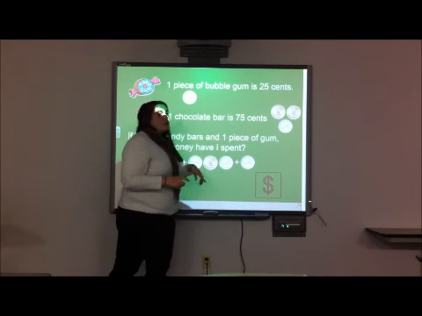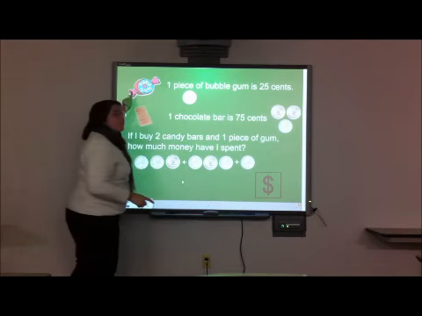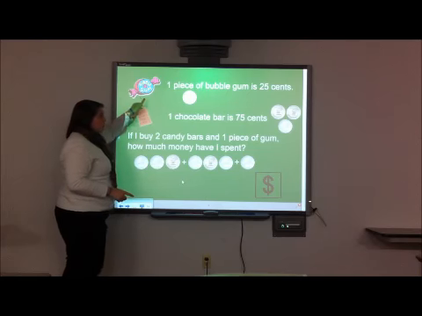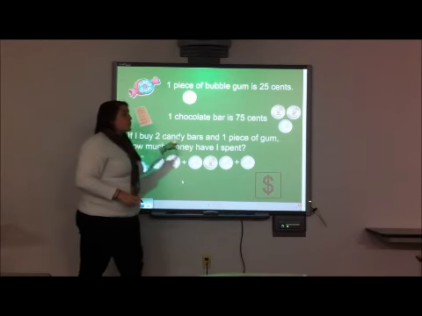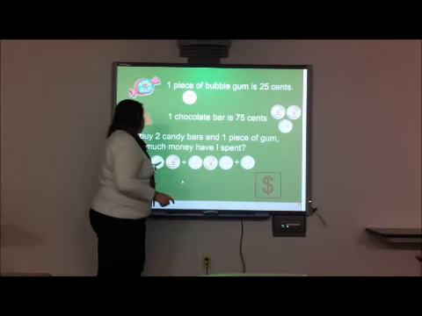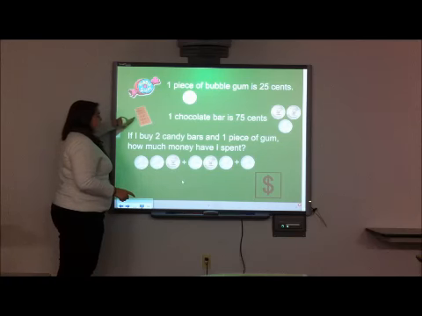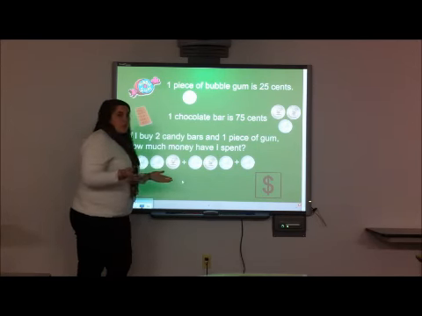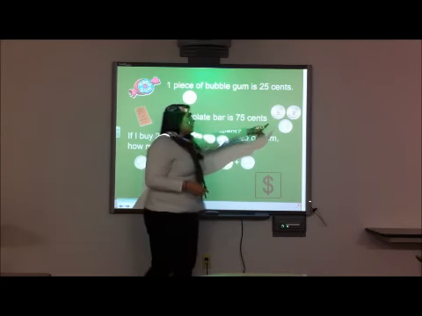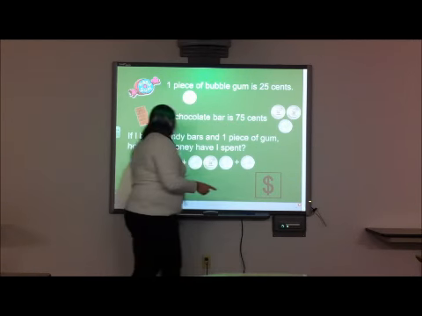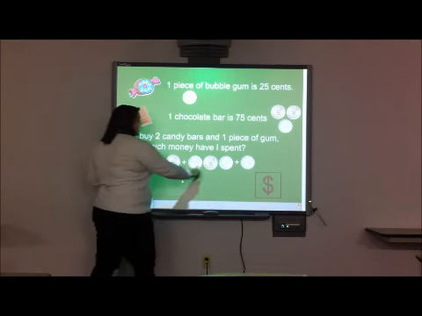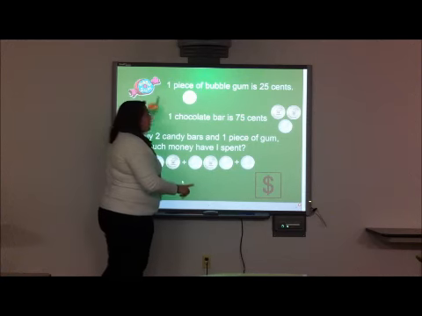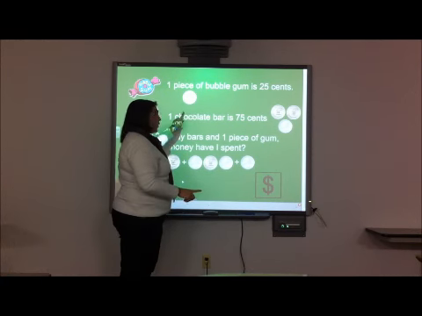Okay, right now we have a piece of bubble gum that's worth $0.25 and a chocolate bar that's worth 75 cents. If I want 2 chocolate bars and 1 piece of gum, how much money do I need? I'll need 75 cents twice. So we have 75, 75, and for my piece of gum, we need 1 quarter.